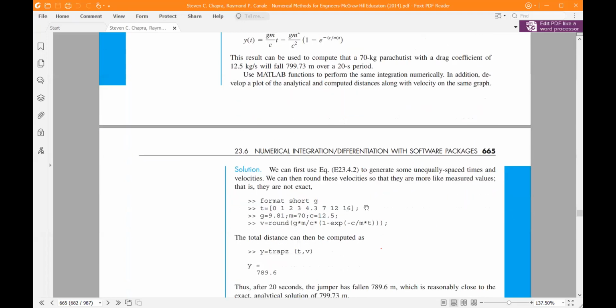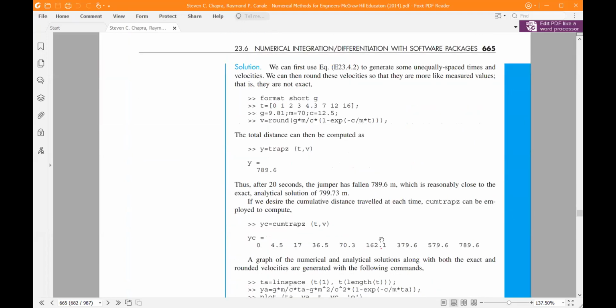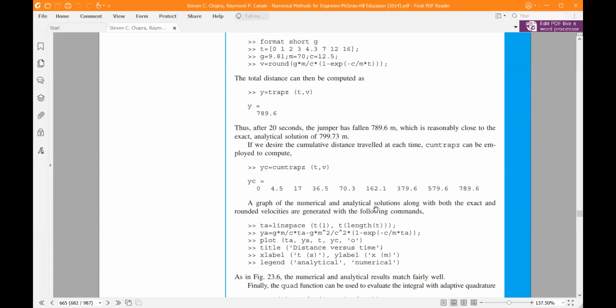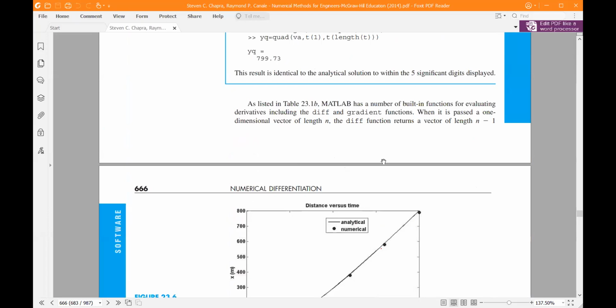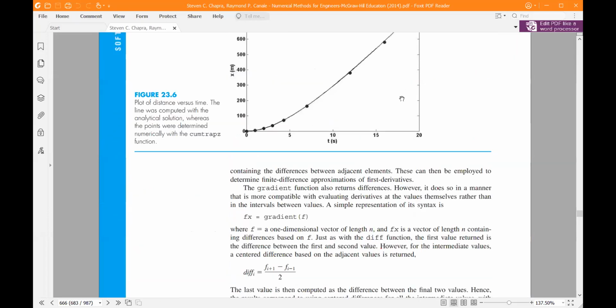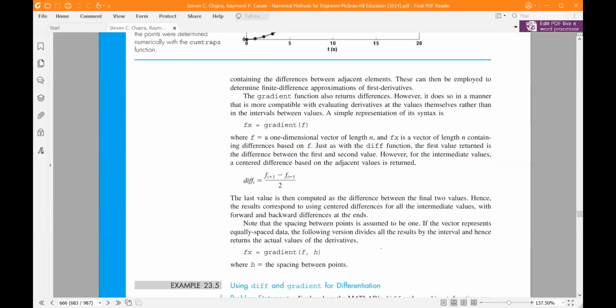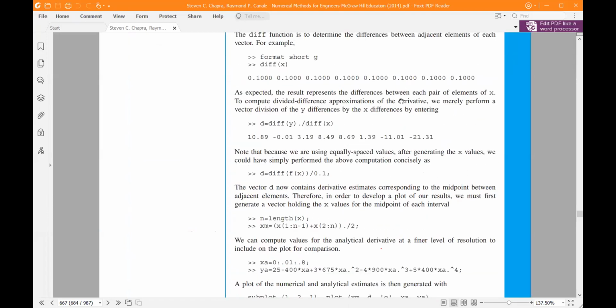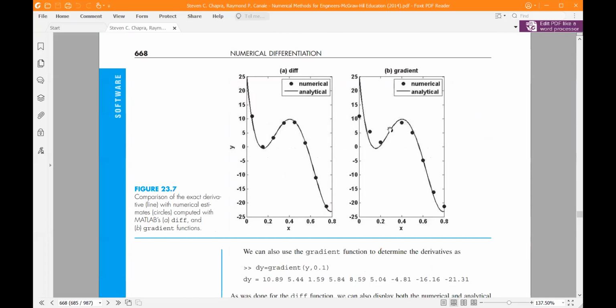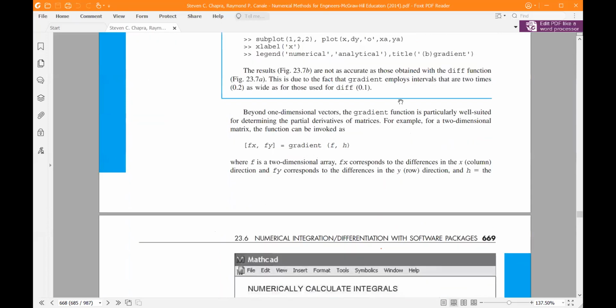Try to review it to get into it. It is very simple to understand and even more interesting. Just take a look and review it, and you will understand how software packages can help you calculate the derivative numerically.